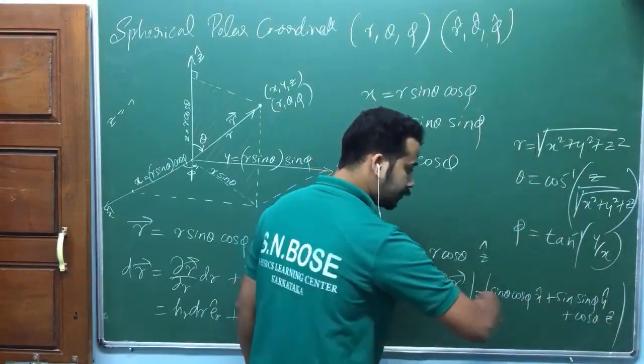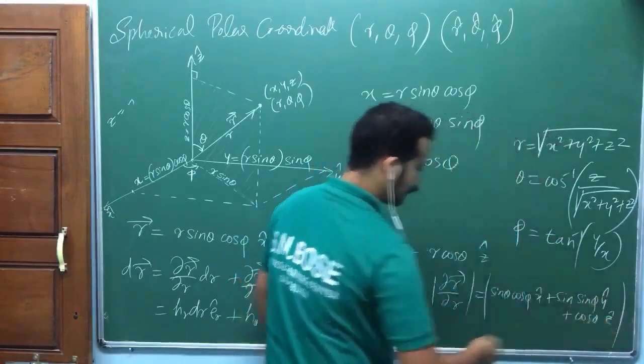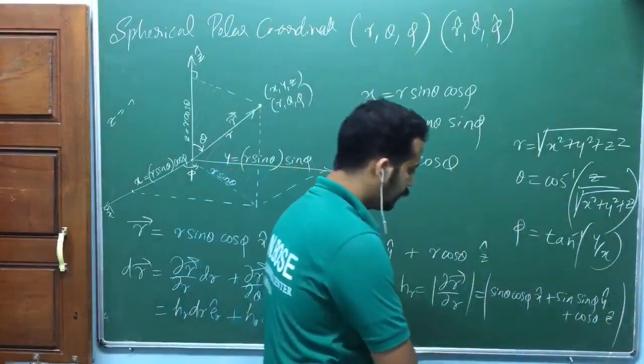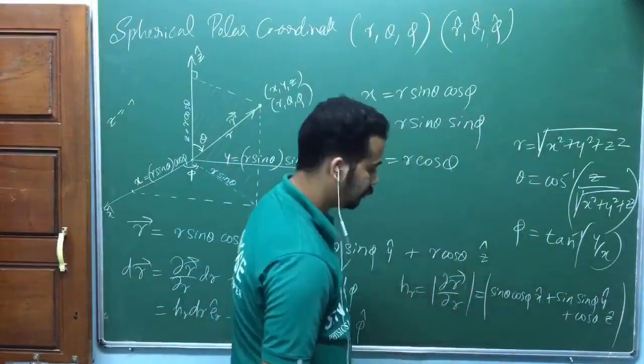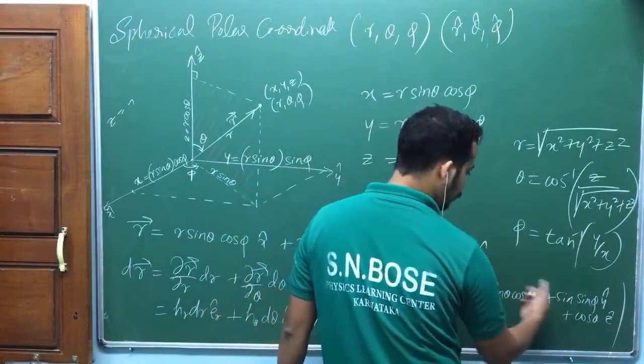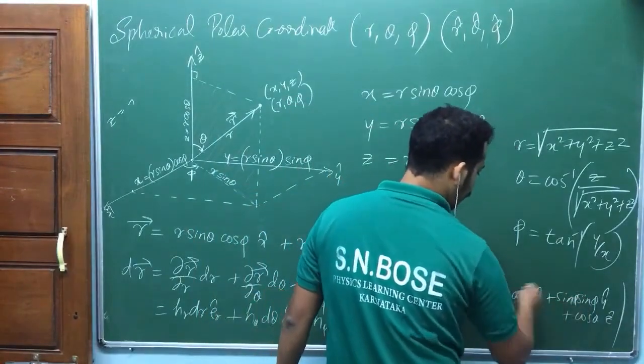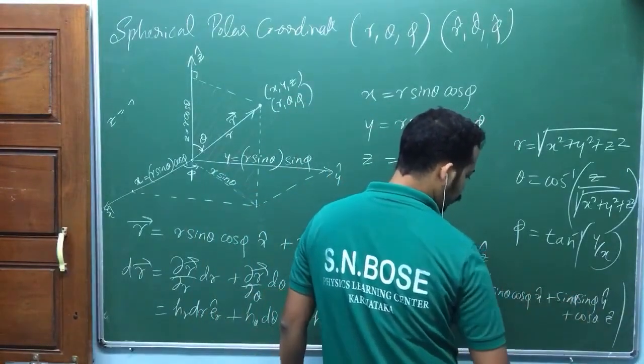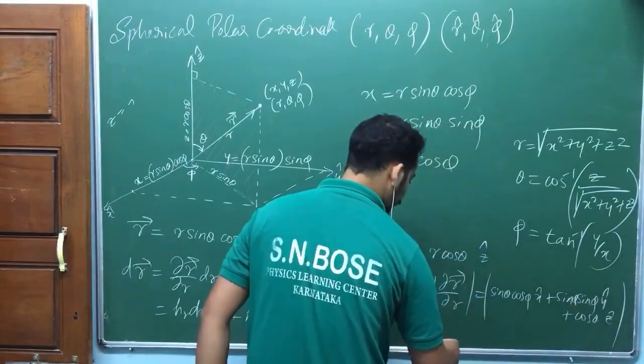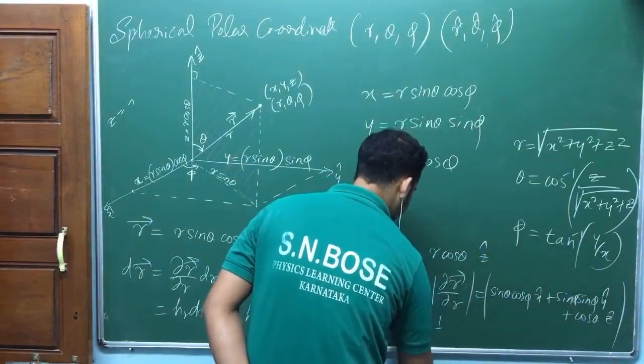If you take a mod of this one, you have to take root of the sum of squares. That will be 1 actually. You just check that out. From trigonometry, you can take some sin square theta outside, and then something will happen. So check that out. This will be equal to 1, hr.